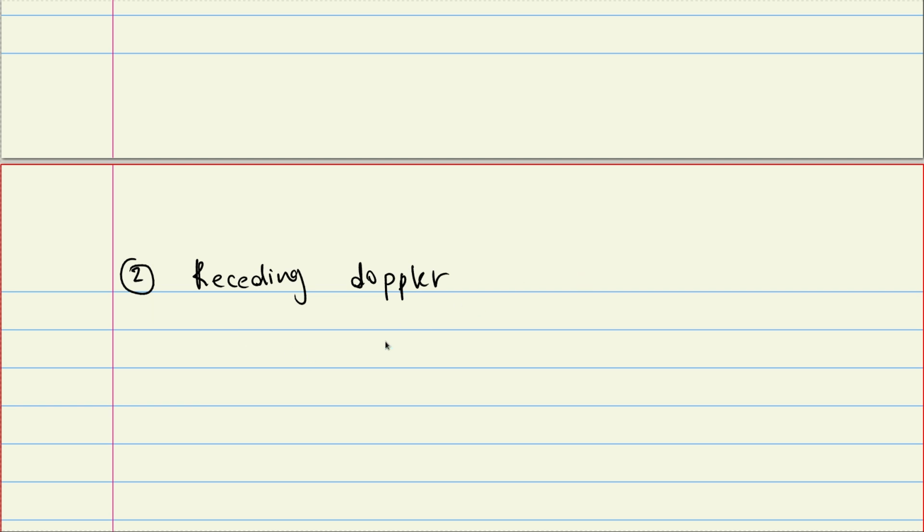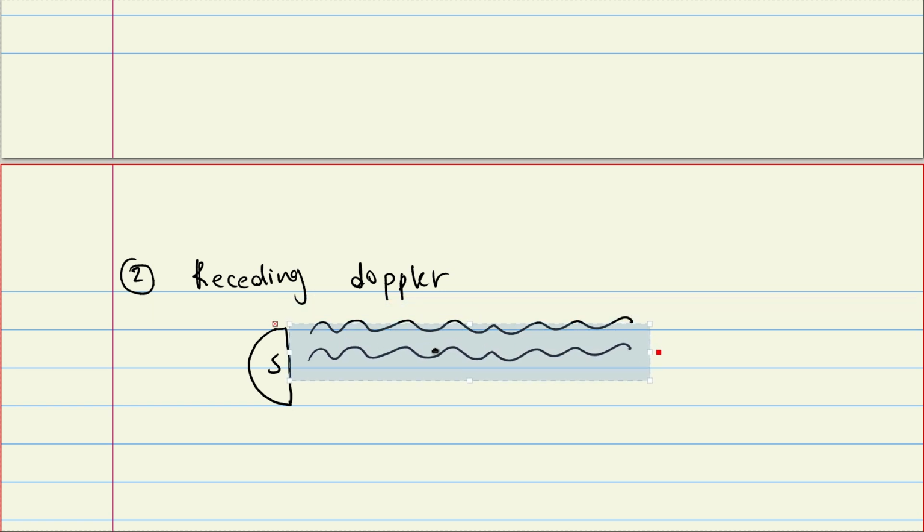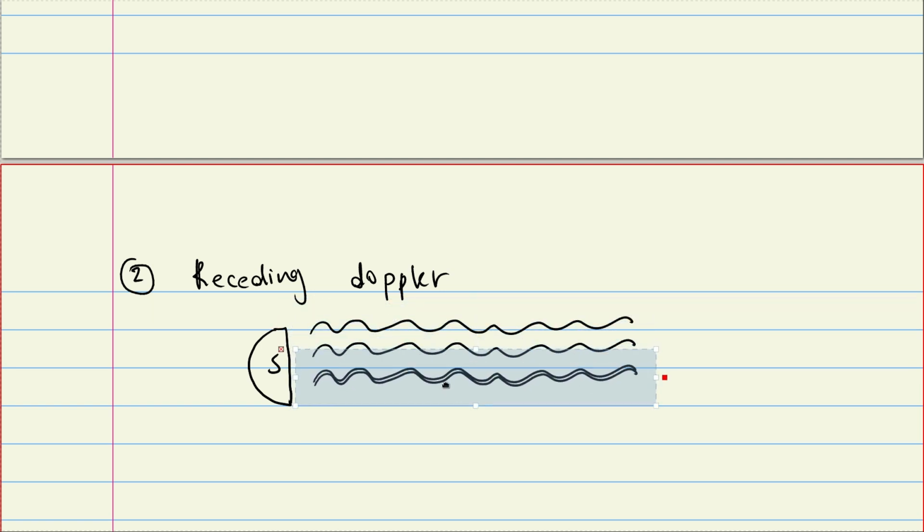So again, let me just draw the picture. So there's a source, and there's some wave emanating from the source, something like that. And in the receding Doppler, you are moving away from the source. So this is v, this is the velocity.